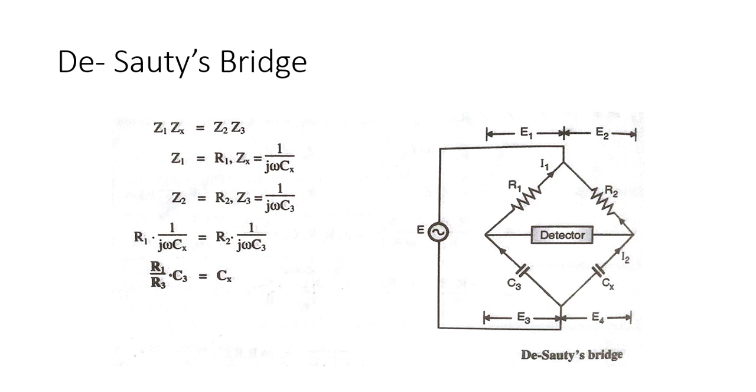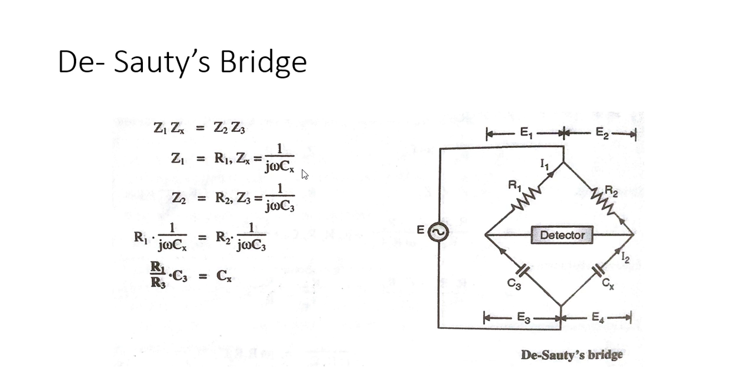Here Z1 is equal to R1, because there is no capacitive or inductive term, so Z1 is directly R1. Similarly Z2 is R2, Z3 is 1 upon j omega C3, because no resistive part is there, and Zx is 1 upon j omega Cx.